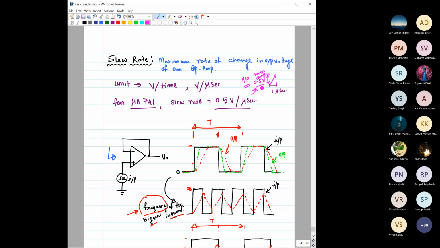If the output is changing, suppose, 0.1 volt per microsecond, fine, no issue. But if your output is expected to change, suppose, at 0.6 volt per microsecond, then there will be an issue. You cannot cross this slew rate. Your output cannot cross this slew rate, otherwise the signal would be distorted. Right. So this is one important thing which you should know.